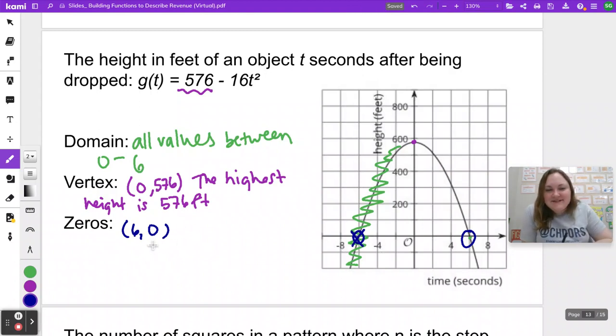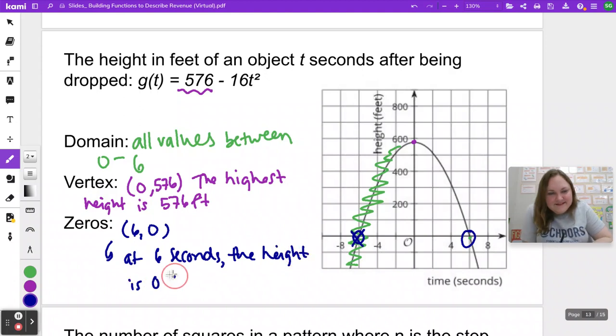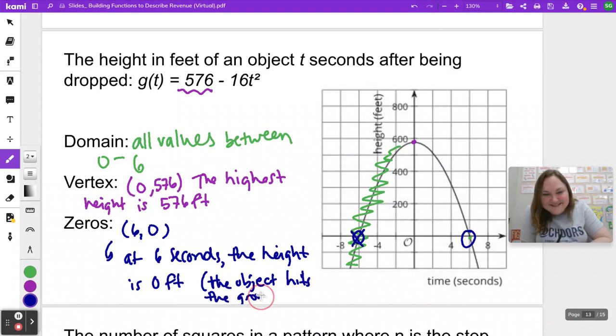And (6, 0), if the output is 0, that is telling me the height is 0. So this is telling me at 6 seconds, the height is 0 feet, meaning the object hits the ground at 6 seconds.